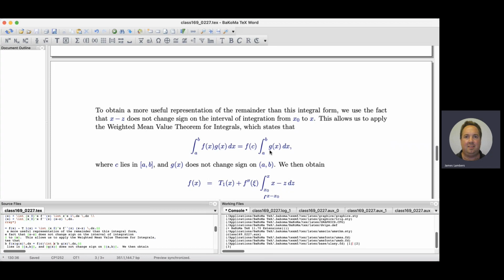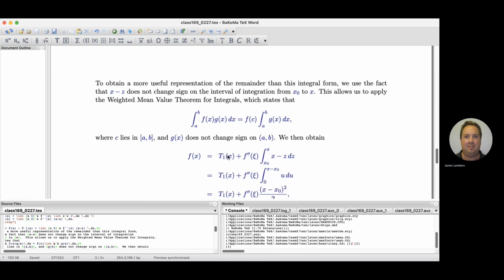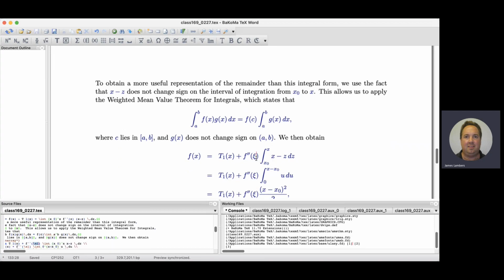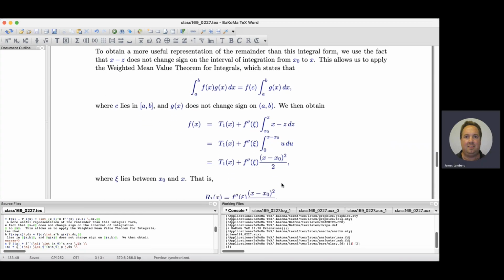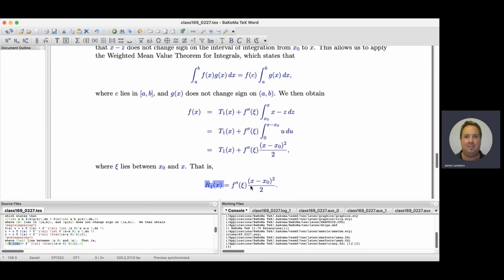So if I use that in this case, before I had f double prime inside the integral, I pull it out, but now it's evaluated at some unknown point between x naught and x. But this integral, I can now evaluate, and I get x minus x naught squared all over 2. So this is the remainder in the first degree case. But keep in mind, we saw an expression like this earlier.